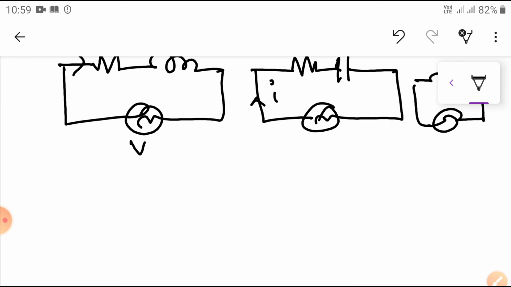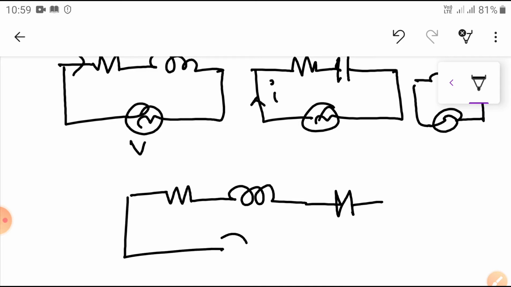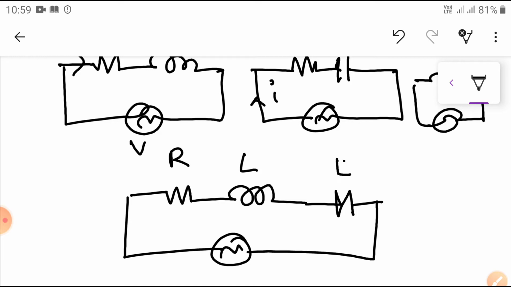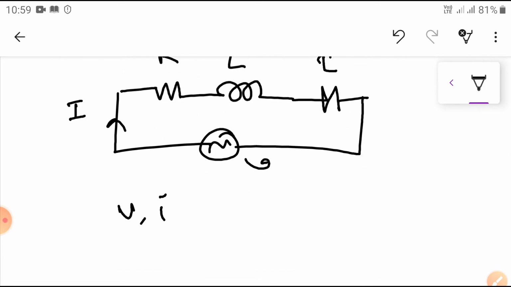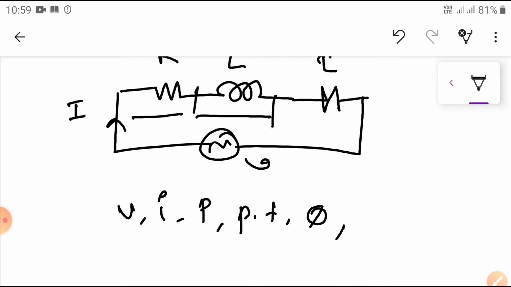Now finally we have seen that the resistance, inductance and capacitance in series, if we connect them across an AC circuit, then what is the final current in the circuit, what is the relation between V and I, what is the power, what is the power factor, what is the phase angle, and what is the voltage across each element, already we know.